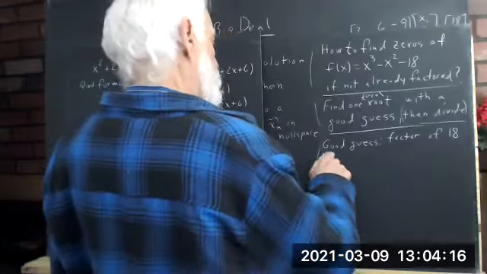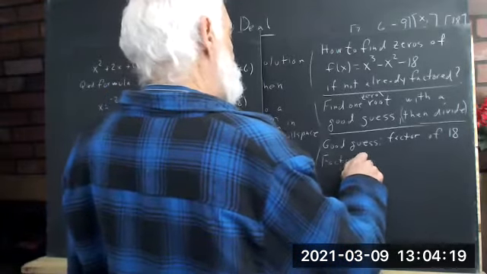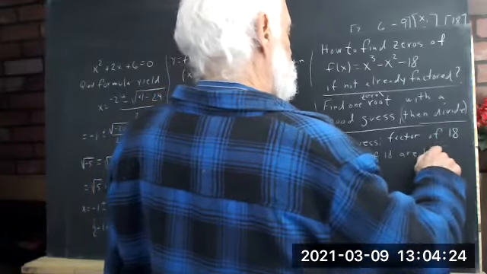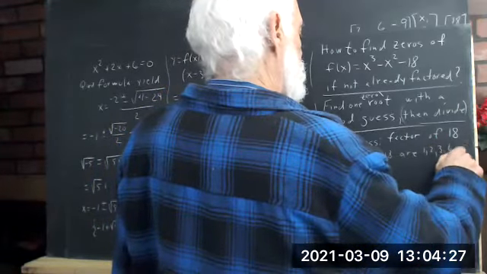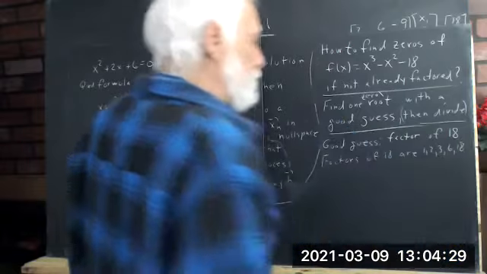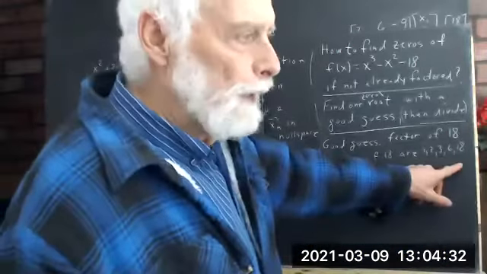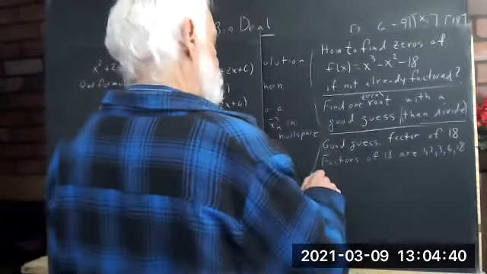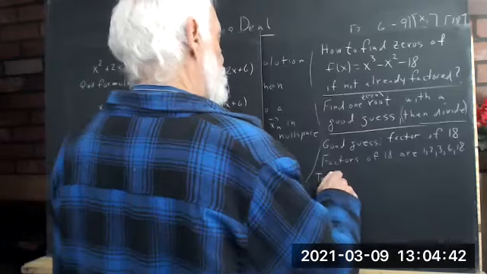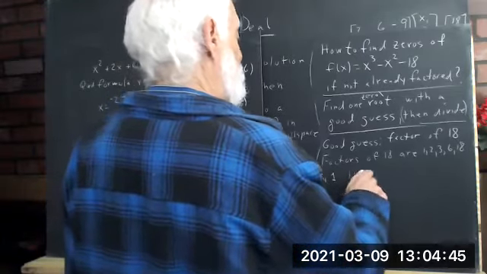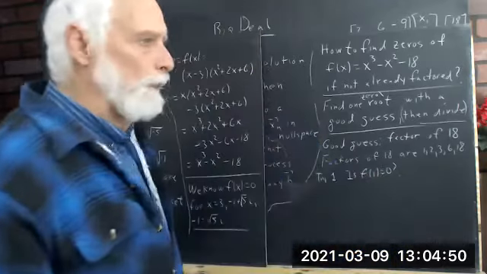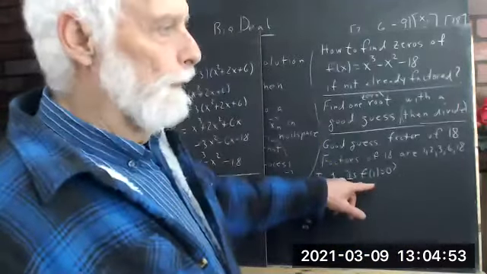Okay, well, right there are your integer factors of 18. Try 1. Is f of 1 equal to 0? Well, obviously not.